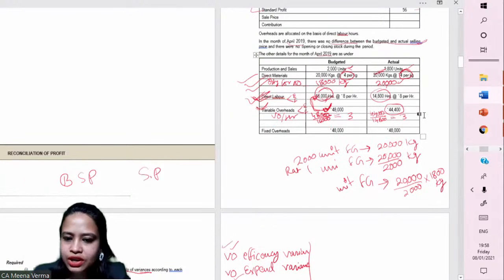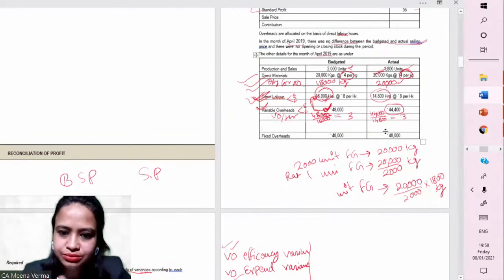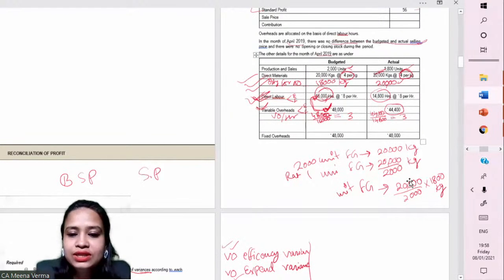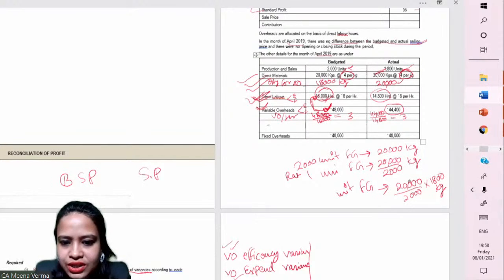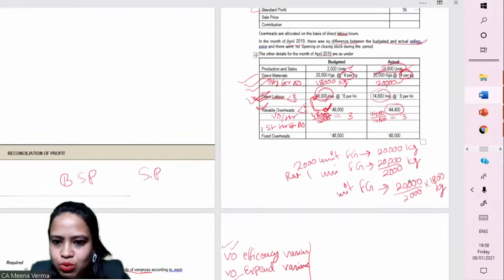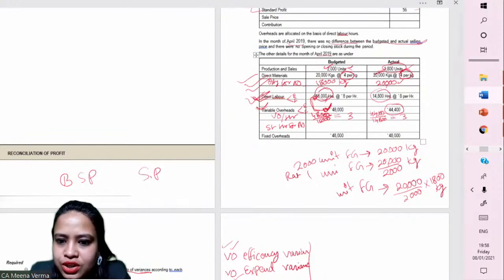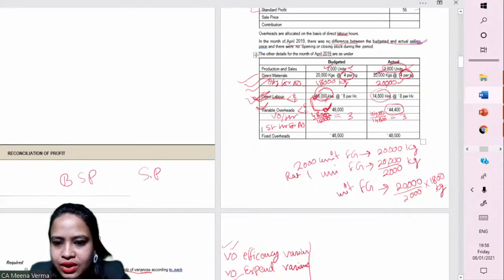Next information I want is the standard hours for actual output. You know the actual output is 1800 units. You know for 2000 units you have 16,000 hours.